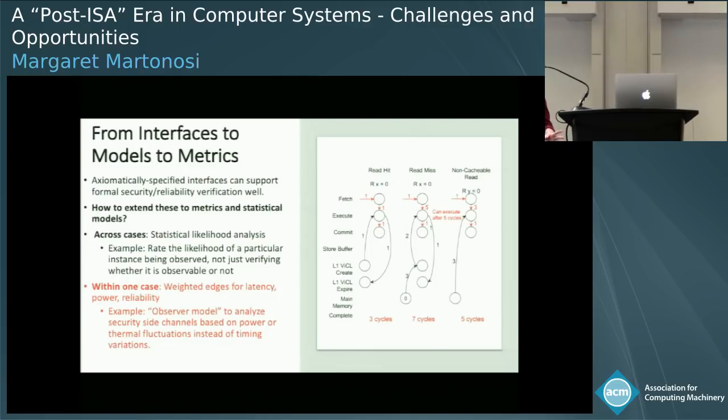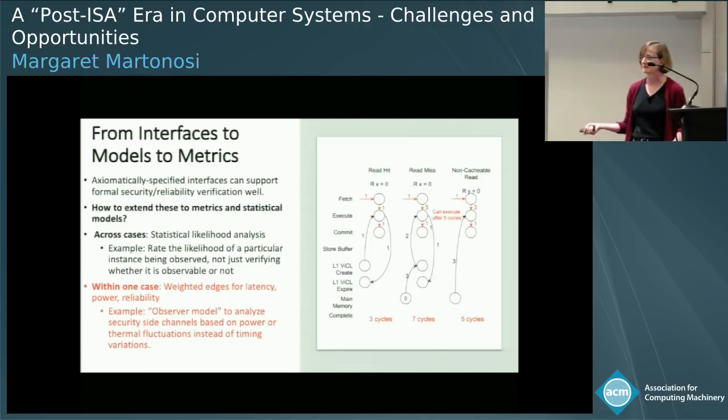If you have an old school millisecond timer, you won't be able to distinguish these. But if you have the ability to time at a finer granularity, you will be able to distinguish these. So it's about taking quantified measures of these scenarios and mapping them up against observer models that say what a given observer in a given situation could plausibly be able to observe.